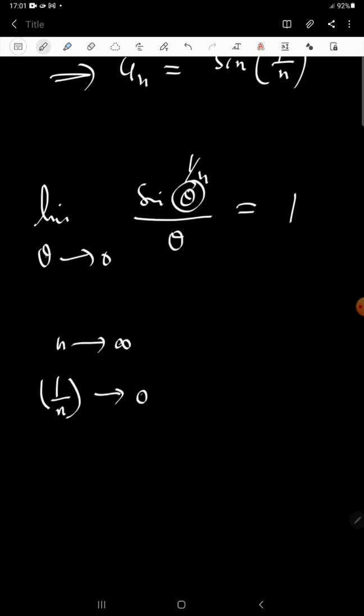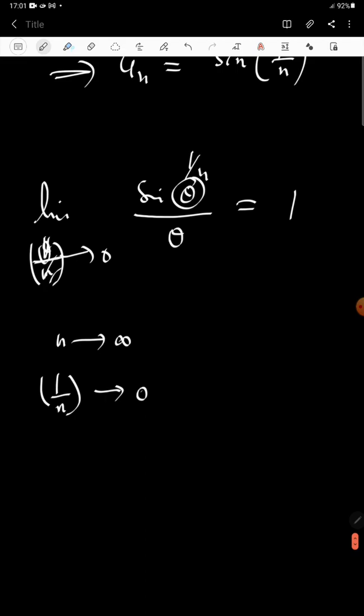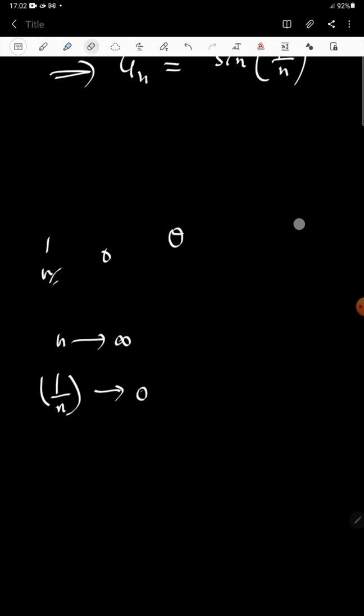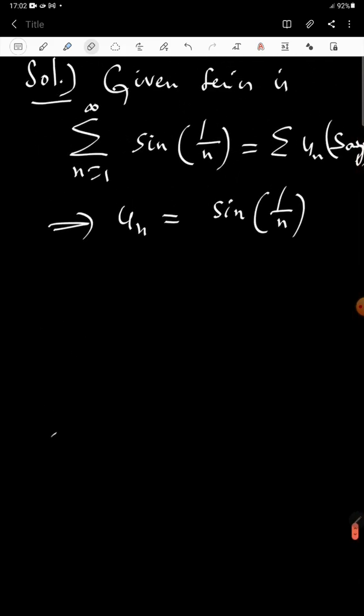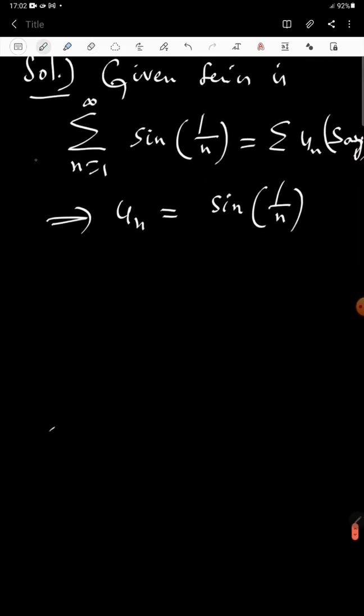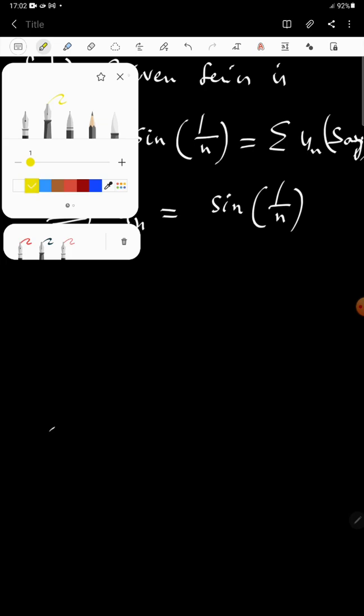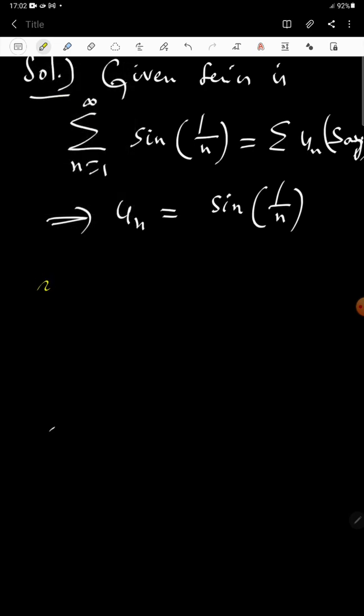Therefore, this theta, if I write it as 1 by n, fine, 1 by n, let it be. I'll rub this one completely. Using this concept, we proceed. So let us take Vn, let Vn be equal to 1 by n.